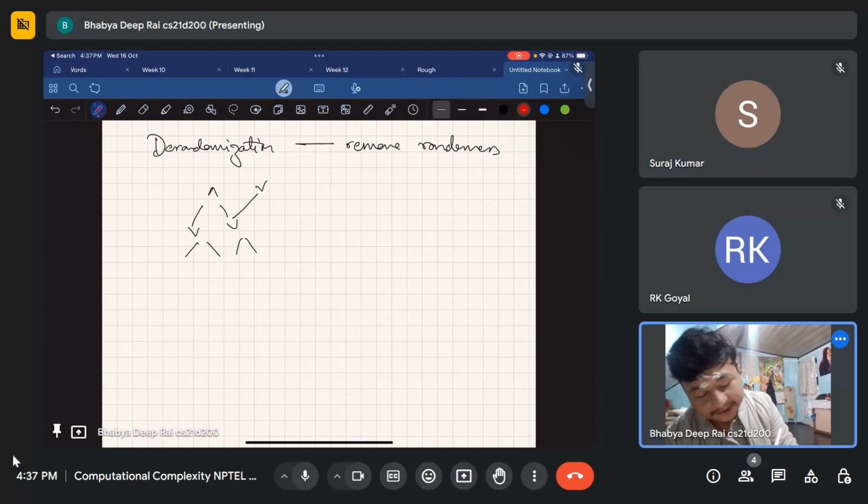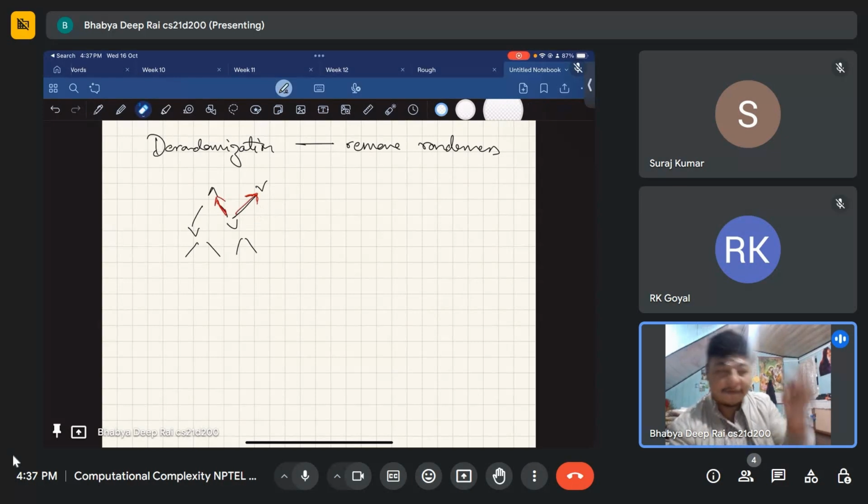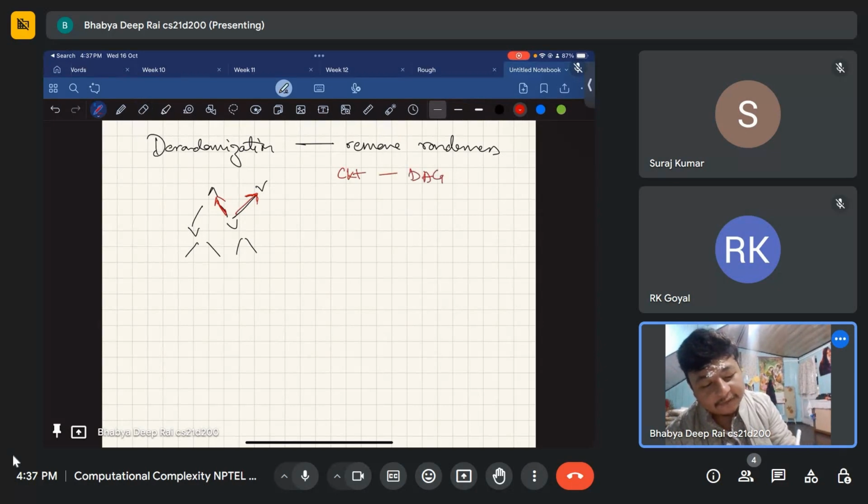That is the number of outputs from each gate. If a gate is feeding two gates, this is not allowed in formulas. It is a circuit, but not a formula. So a formula, in other words, is a tree. A circuit is a DAG. A formula is a tree.